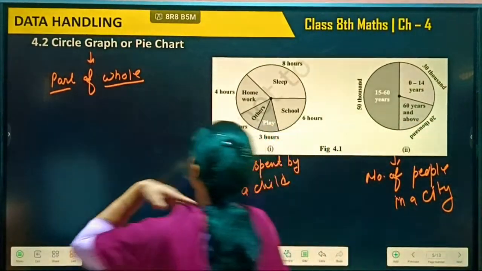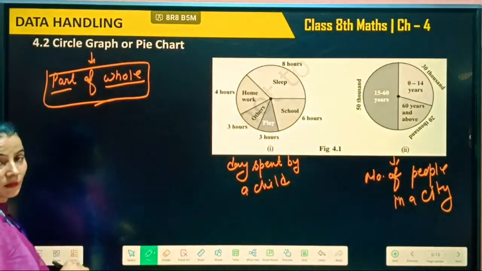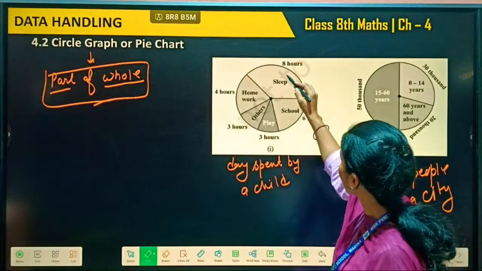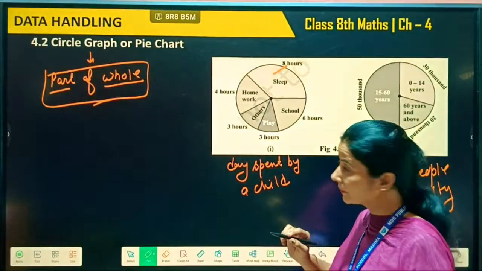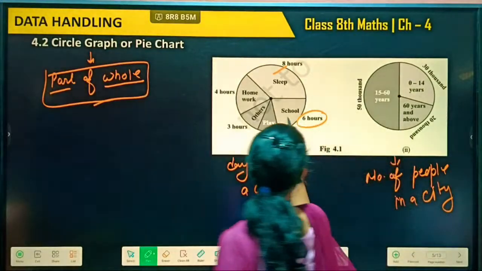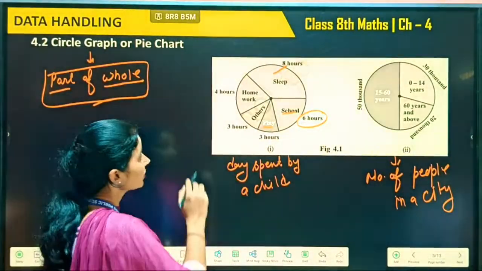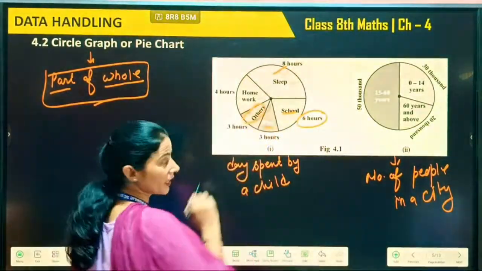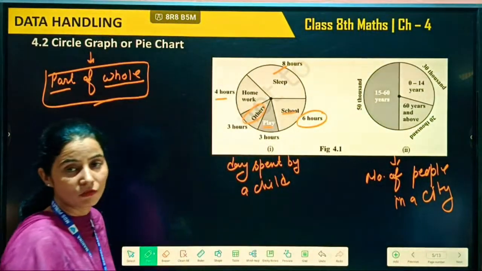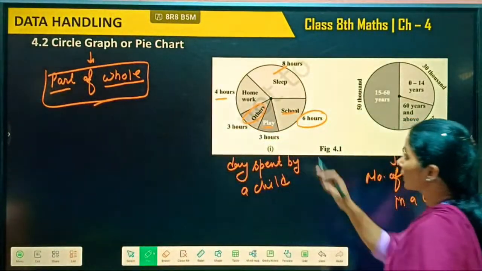This pie chart is representing parts of the whole day. 8 hours he used to sleep and 6 hours were used for school, and 3 hours he played, and 3 hours he did other activities, and the remaining 4 hours he did homework. He utilized his whole day in this way.